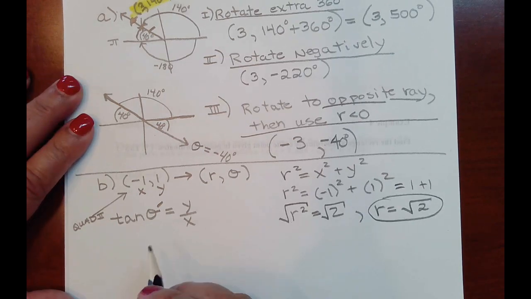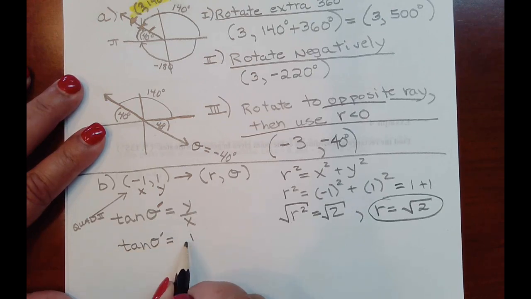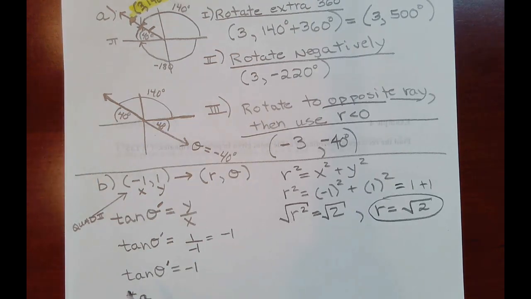Okay, so here we go. We're going to do tan of the reference angle. The y value is 1. This is -1. So you have tan of the reference angle is equal to -1. And you can get your calculator to help you with this, or you might just know it. The only time you can possibly get a tan value of 1 or -1 is if you're in a 45-degree triangle.